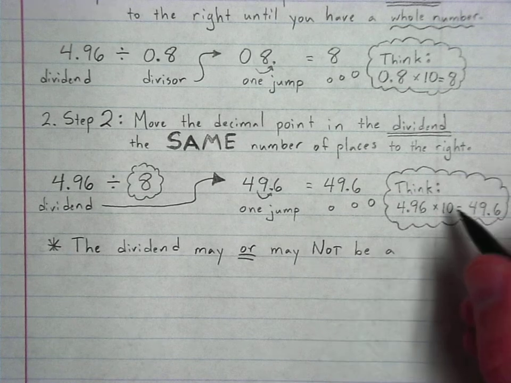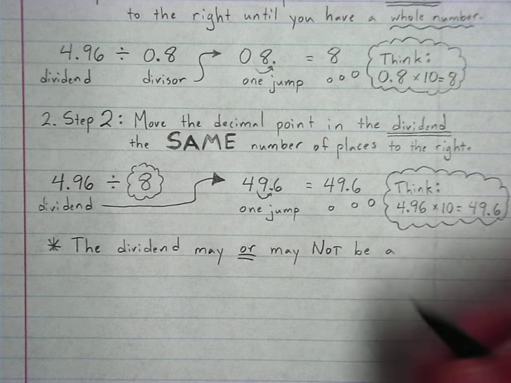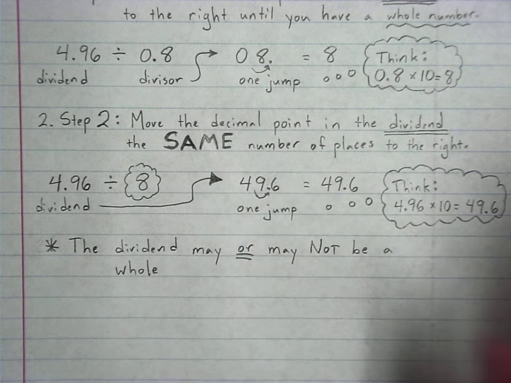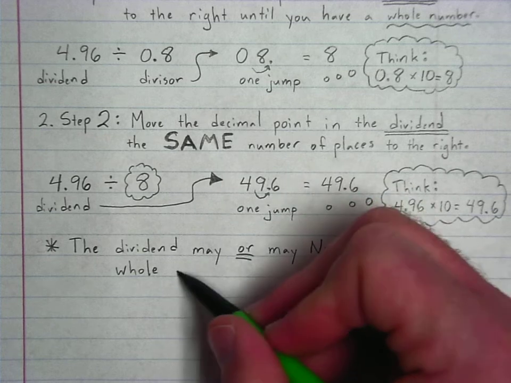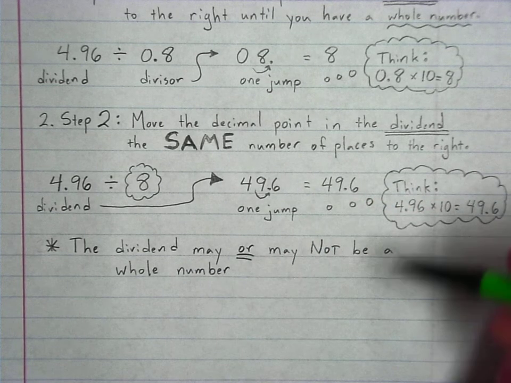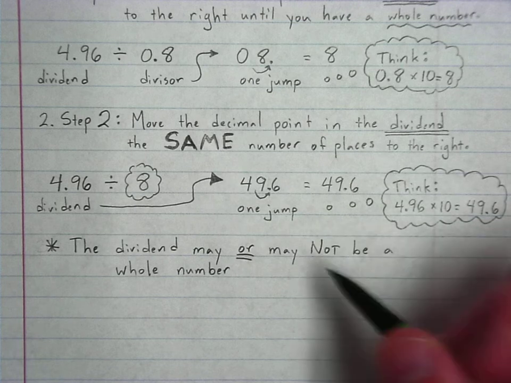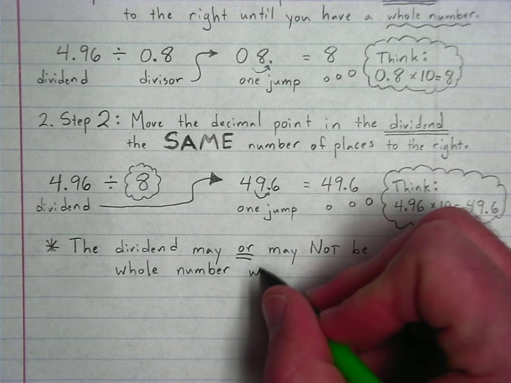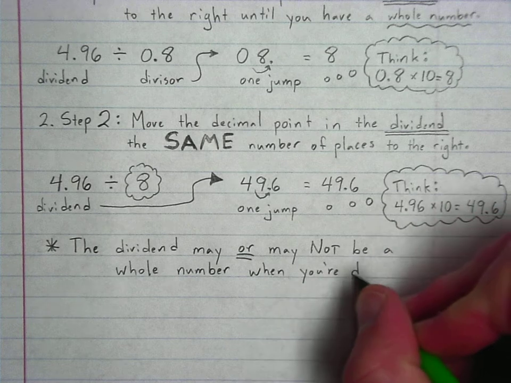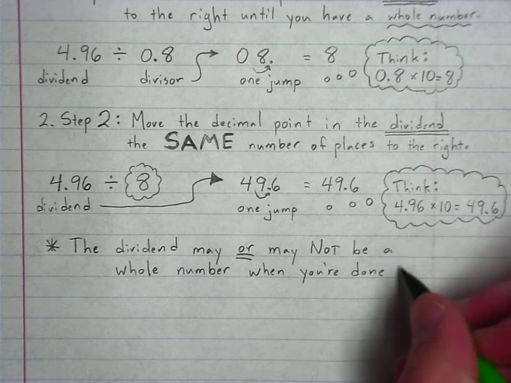It's okay. We can leave that as a decimal if we need to. But the divisor has got to be a whole number. So the dividend may or may not be a whole number when you're done. That's okay.